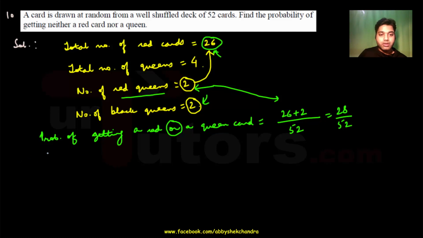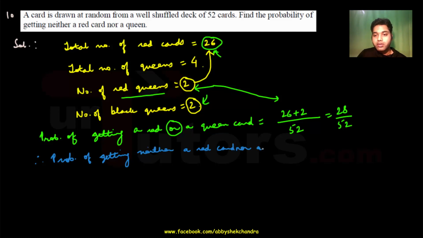Now therefore, the probability of getting neither a red card nor a queen will be what? 1 minus the probability that we get either of those 2 cards.